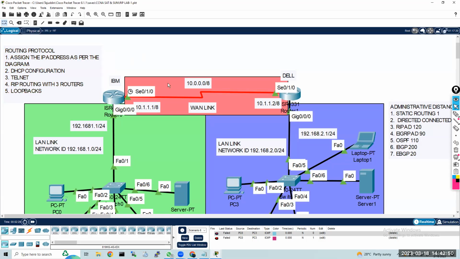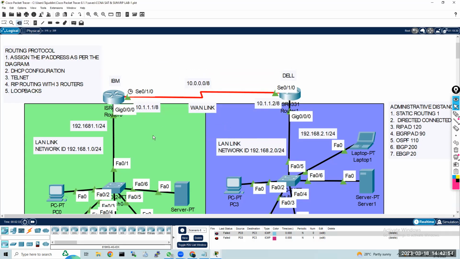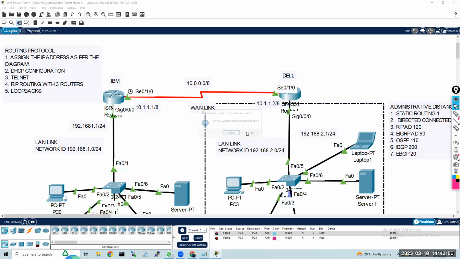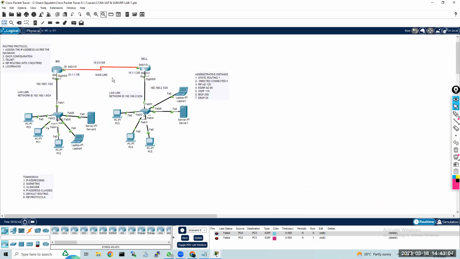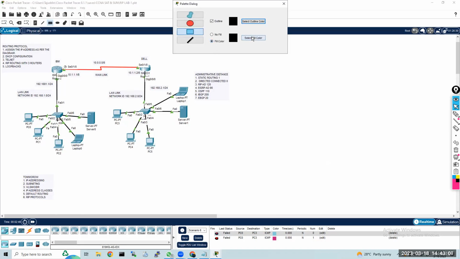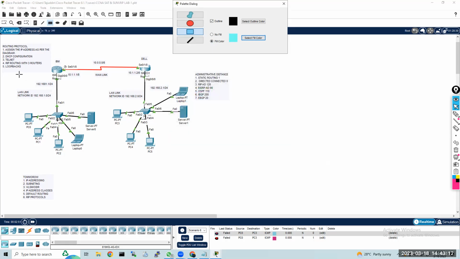Now the RIP. I'll change the color just to avoid confusion, so that you don't think maybe I'm using the same topology. I'll make it short and fill the color. Let's take this blue color, this is one network.